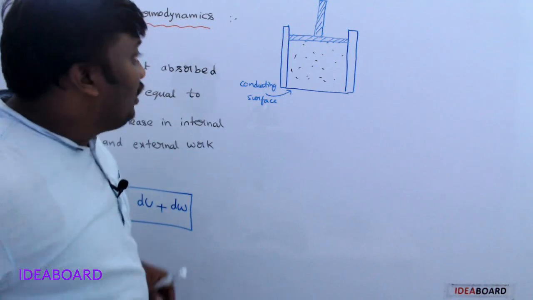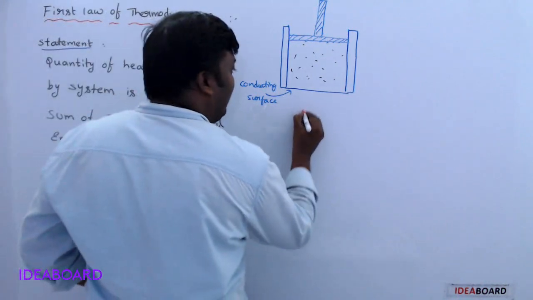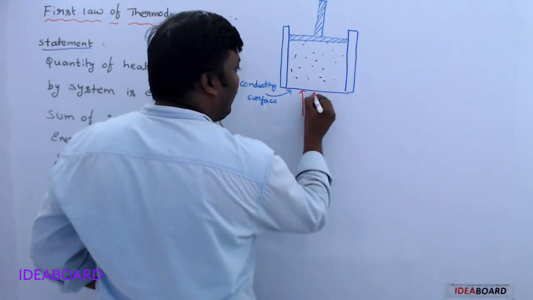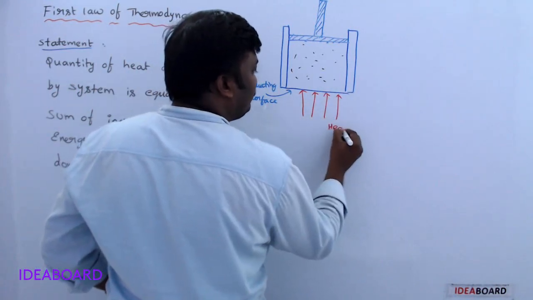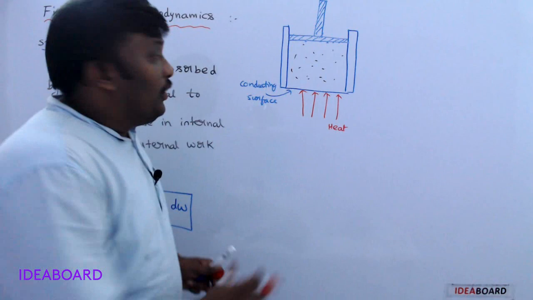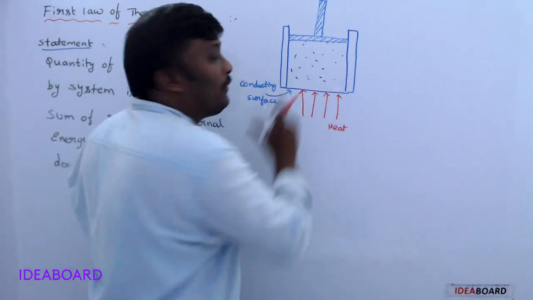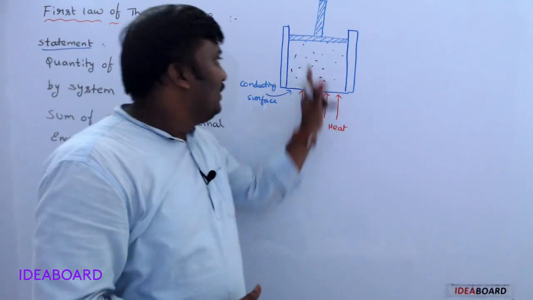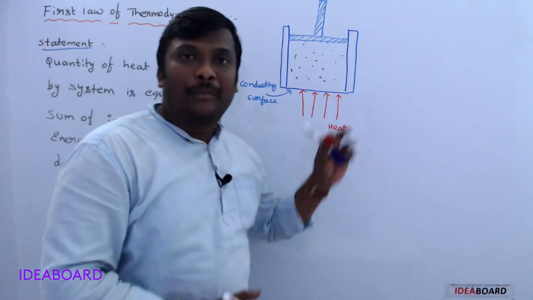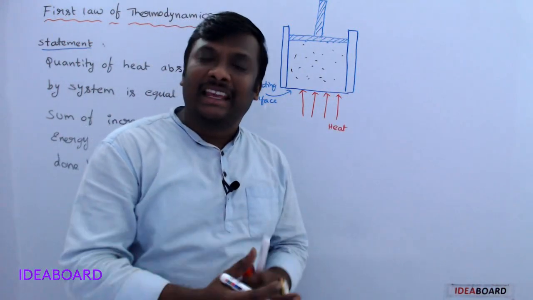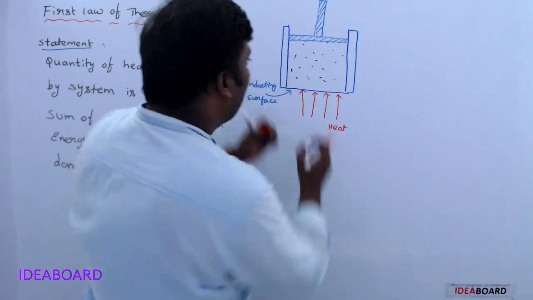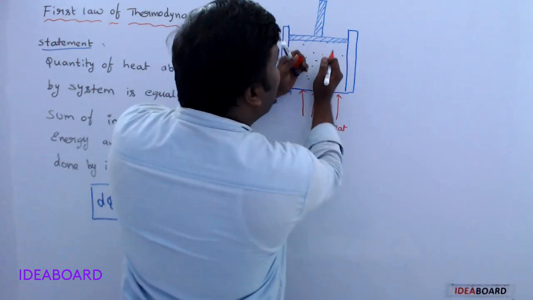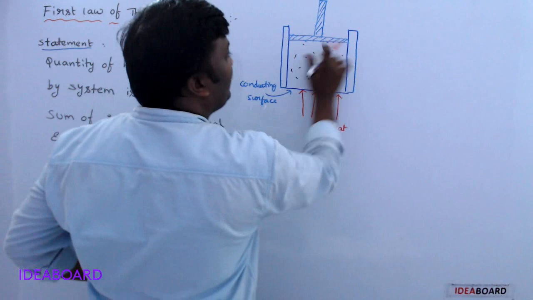Now, if we supply a certain amount of heat to the system, what happens? The gas molecules absorb this heat and their temperature increases, and whenever the temperature increases, they exert some pressure on this piston.